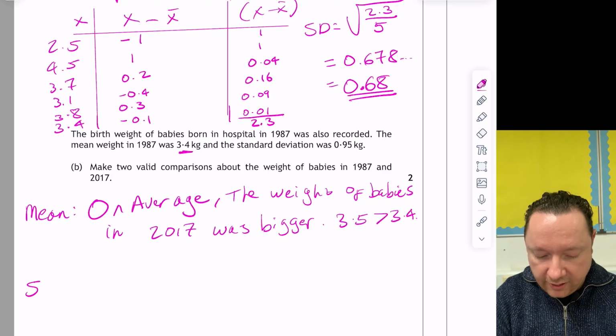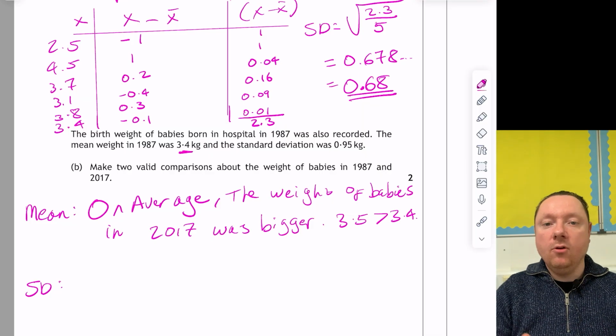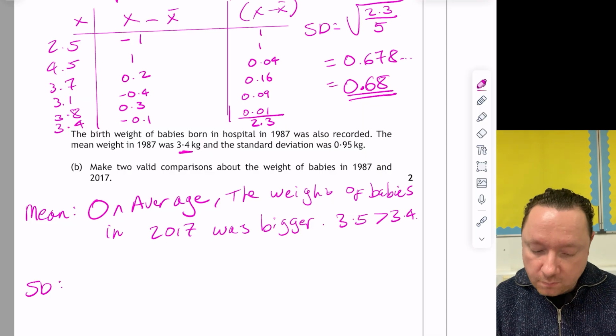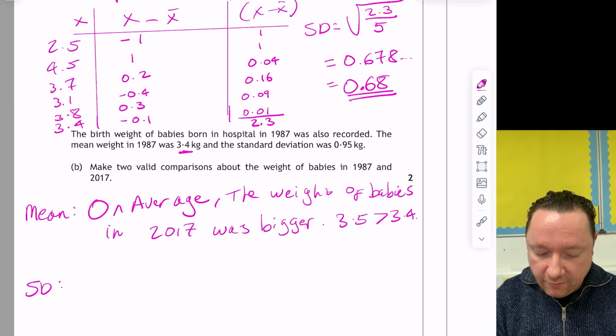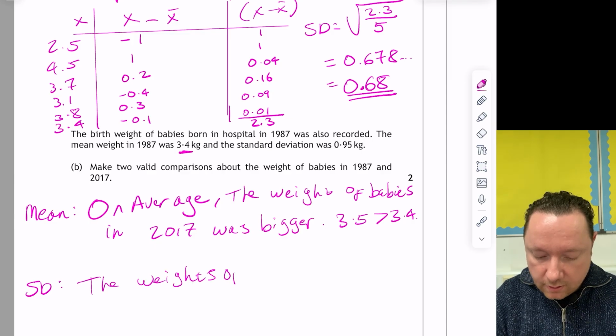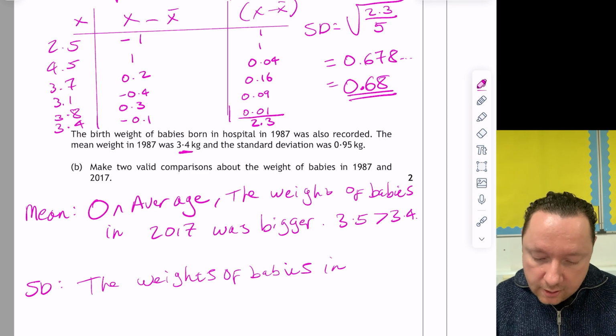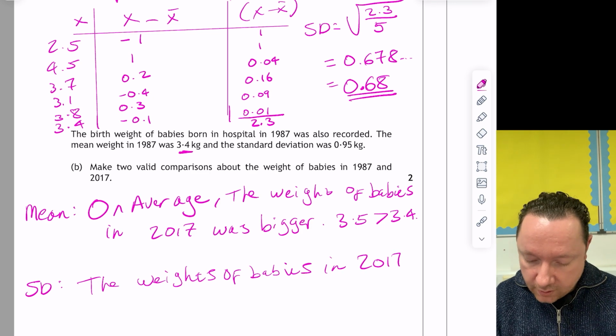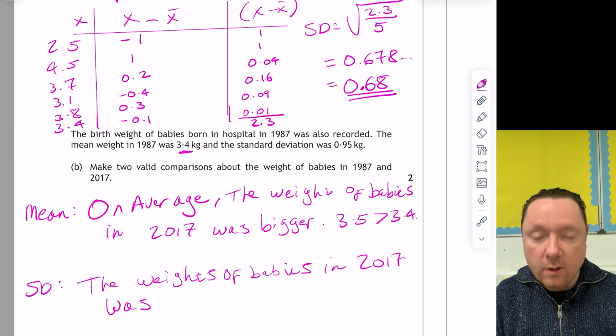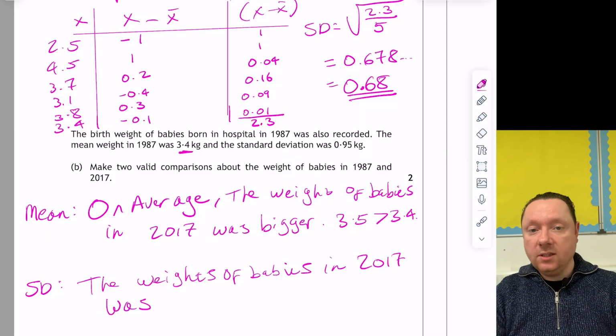And then standard deviation is about consistency, how spread out or consistent the weights are. So what you do is you look at my number, which is 0.68, and theirs is 0.95. So the weights of babies in, I'll take the lower number, 2017 again, was now more consistent, means a smaller standard deviation.